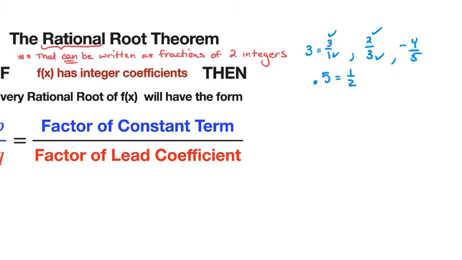So this finds rational roots, and roots, remember, is a synonym for the zeros of the function, the solutions of the function, the roots, and also the x-intercepts if we're talking about the graph. So this tells us what the possible rational solutions are for a polynomial.